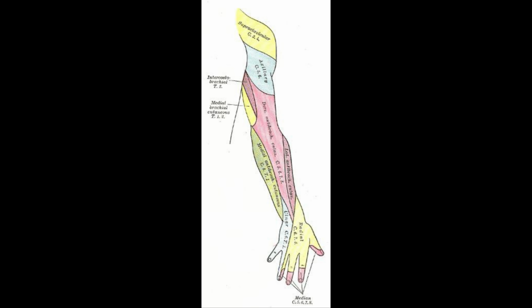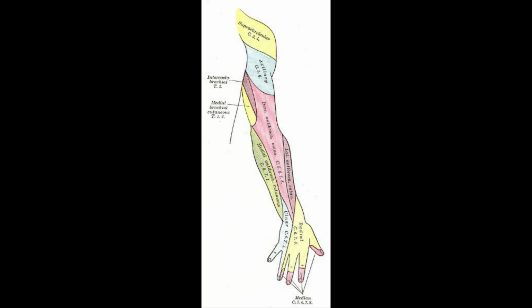Lateral cutaneous nerve of forearm, a branch of musculocutaneous nerve, is responsible for perception of cutaneous sensation from the lateral aspect or the outer aspect of the back of the forearm. Now we are only left with the hand, and hand alone has three different peripheral nerves responsible for cutaneous sensation.